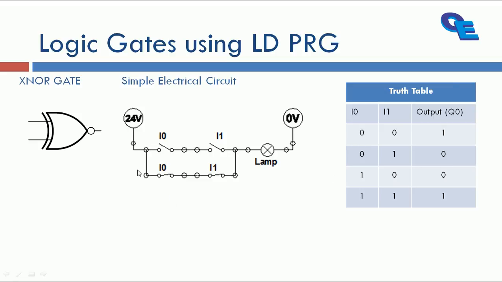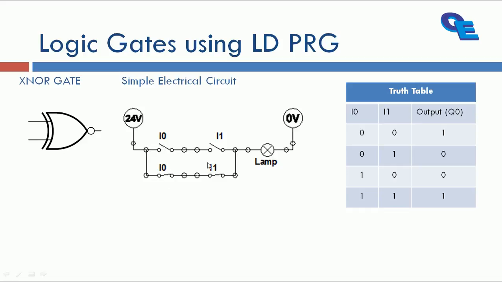0 0 means we are not operating these two switches, but these are already closed, normally closed, and the output is going to be energized. Okay, now when we make I0 and I1 1 1, we are operating all the switches here. We are operating I0, means this will be closed and this will be open.